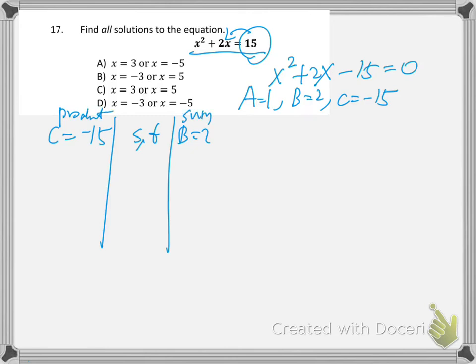We need two numbers, so 15. So it's 1 times 15, 3 times 5. One of them is negative. So that's our possibilities for the pair S and T, right?